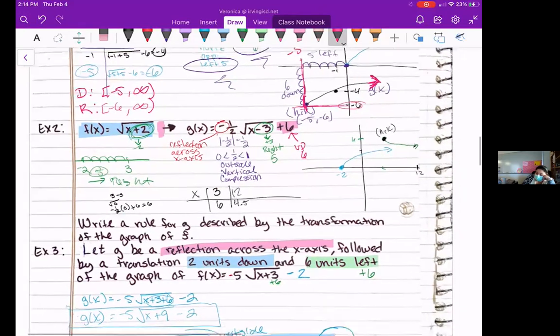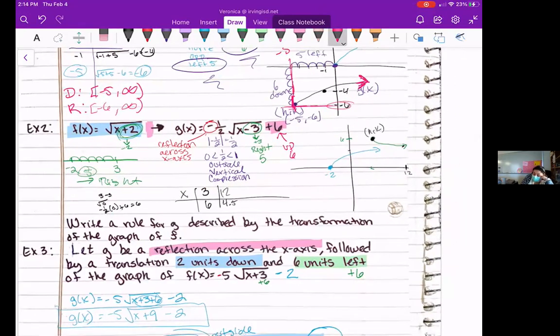For example 2, same thing, but remember we were looking at this one, right? This was f of x, the original. I want the domain and range of g of x. So my domain for g of x would be, well, where does it start? It starts on the left side at this number right here, which was your h, which is a +3. So it's including the 3, and then it's going to the right to positive infinity.